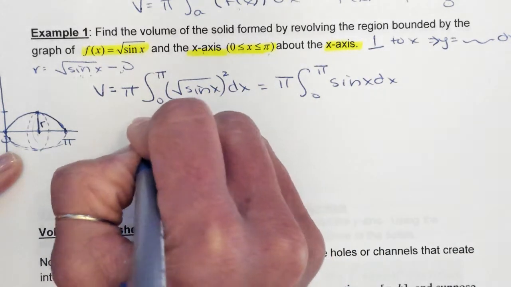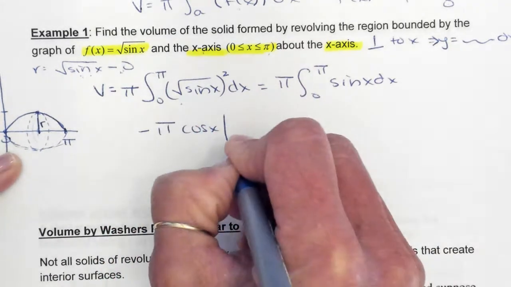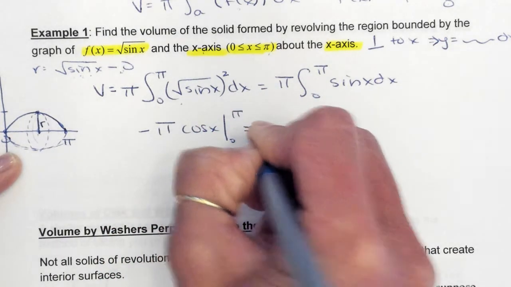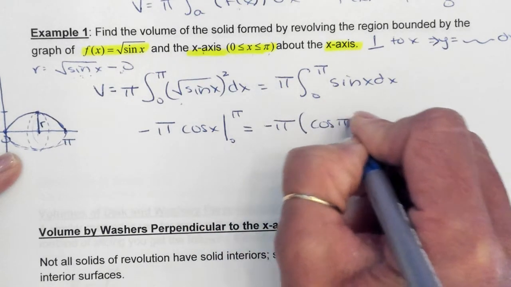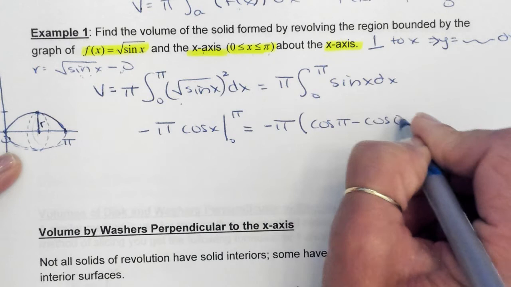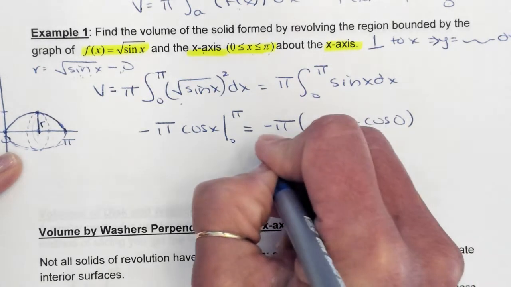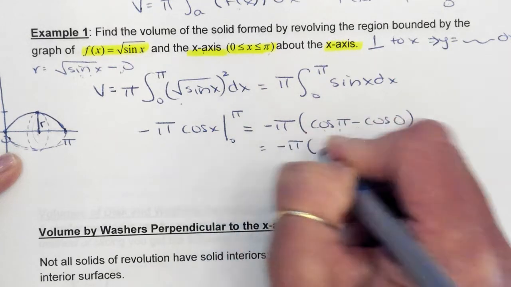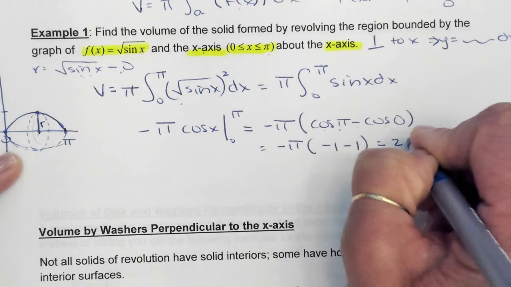So this is negative pi times the cosine of x to be evaluated from 0 to pi. So we'll leave the negative pi on the outside. Cosine of pi minus the cosine of 0. Cosine of pi is negative 1 minus 1. So this is negative pi times negative 1 minus 1. So this should be 2 pi.